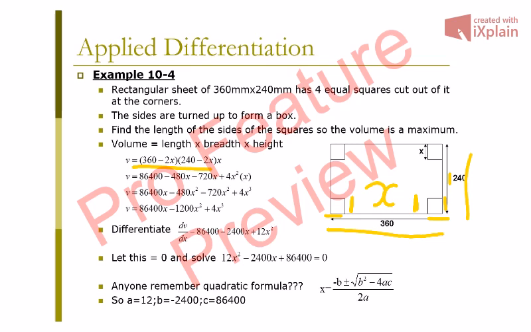Next we just simply multiply our formula out. So 360 times 240 gives 86,400. 360 times minus 2x gives minus 720x. Minus 2x times 240 is minus 480x.